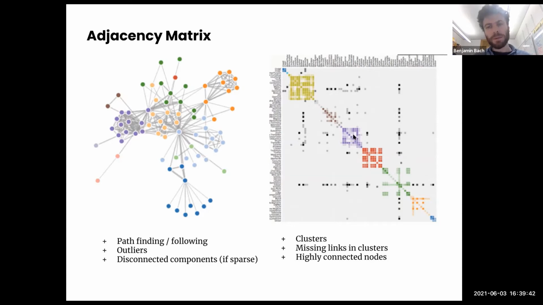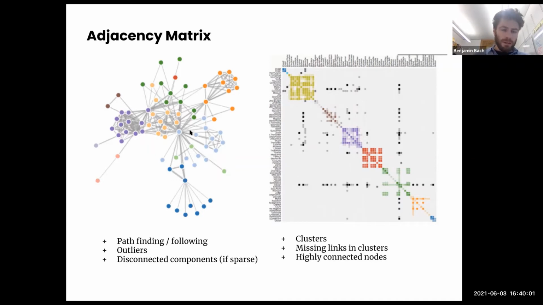So it's quite easy to see the weight of these links. In the node link diagram, you have to check the width of these lines, which is visually a little bit harder and requires more of your attention, whereas here you can just spot these patterns immediately.